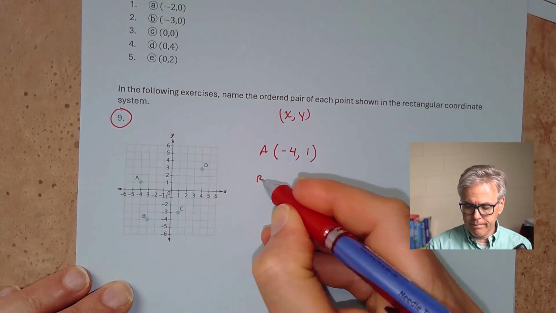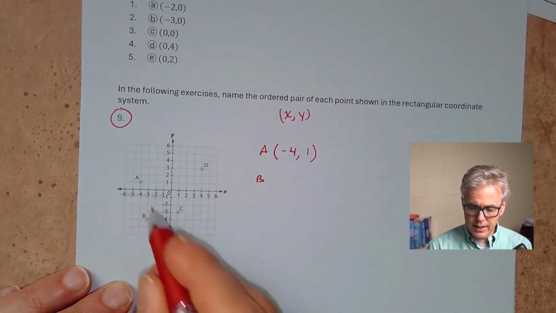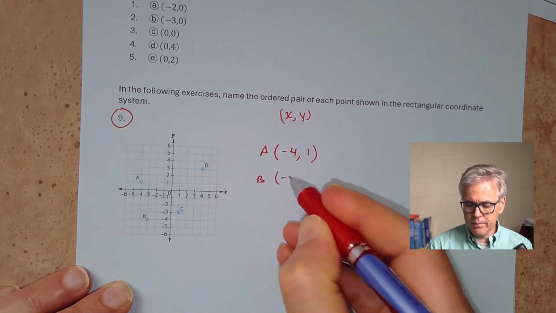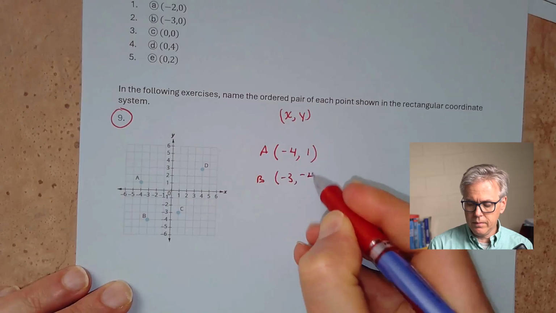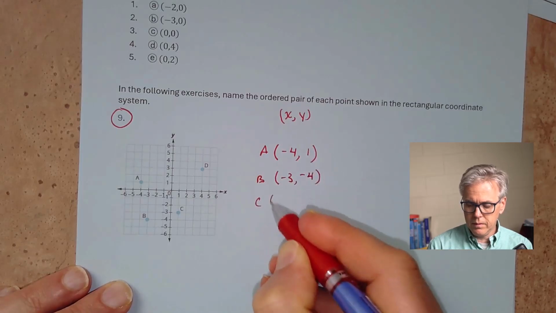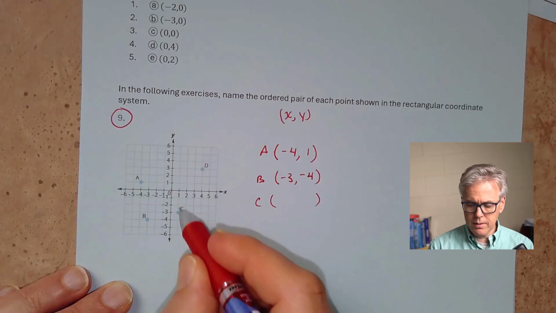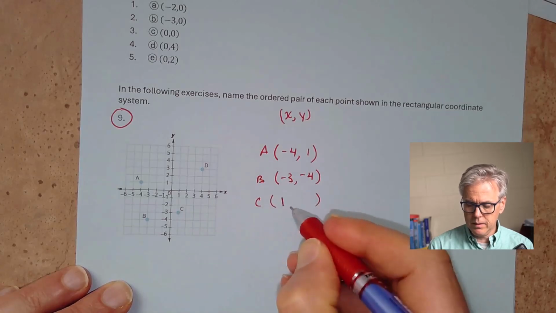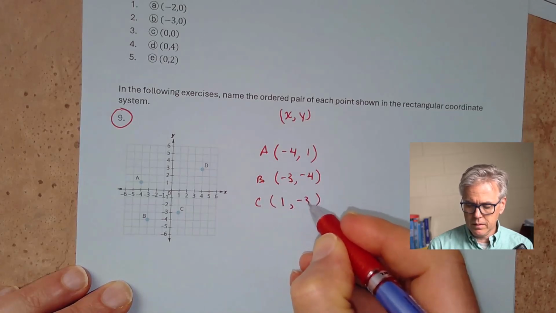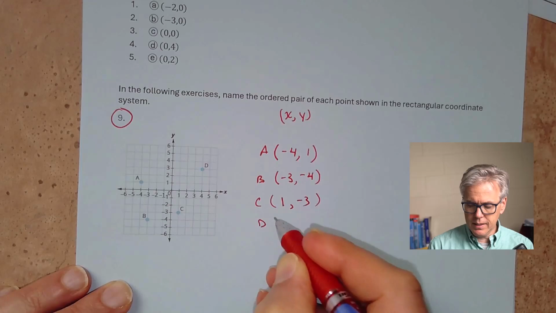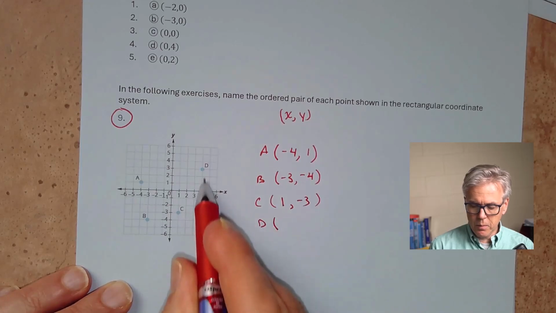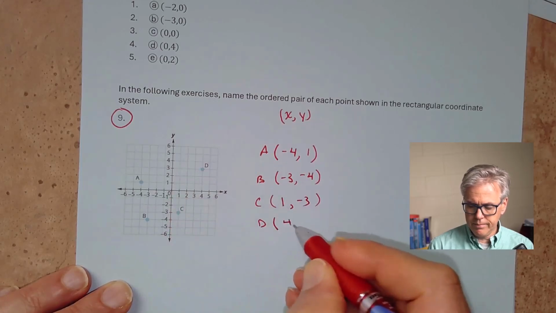What about B? So point B is -3, -4. How about point C? Going to go over 1 and down 3. And finally, point D is 4, 3.